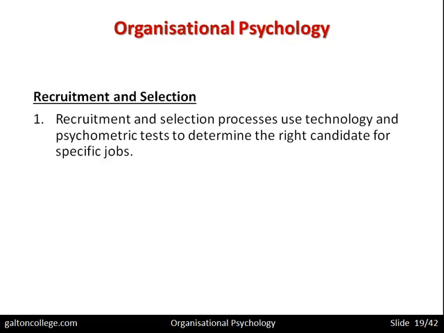Now, none of this is a precise science, but good indicators can be achieved in terms of the likelihood of a match between a job applicant and the tasks required if the psychometric testing is done properly, and if it's sufficiently detailed and analysed correctly. So there is an insight into the person applying, and that can be matched up with the requirements of the task that they will be asked to take on.